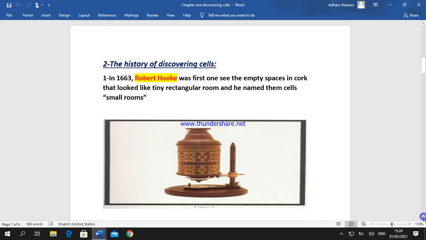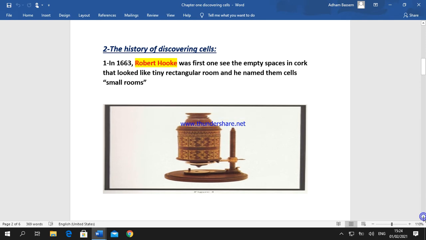The history of the cell. In 1663, the English scientist Robert Hooke was the first to examine the cork of an oak tree. Cork is dead cells inside the trunk of oak trees.